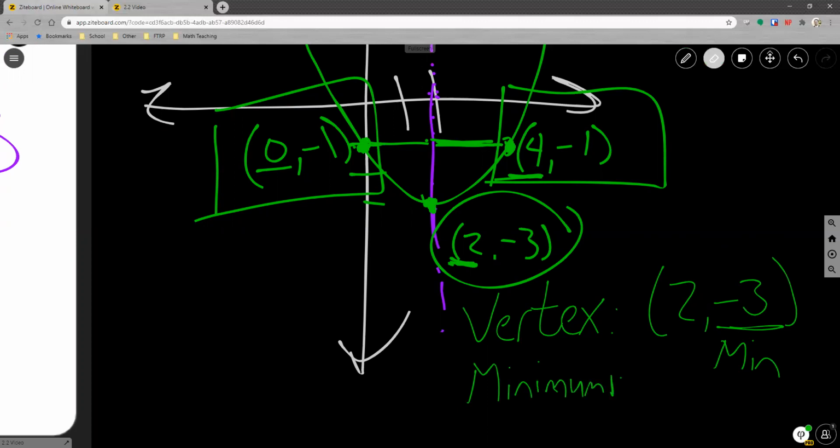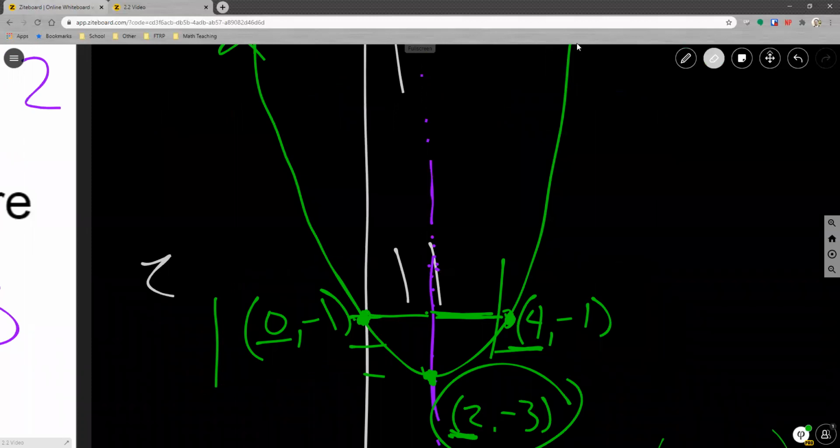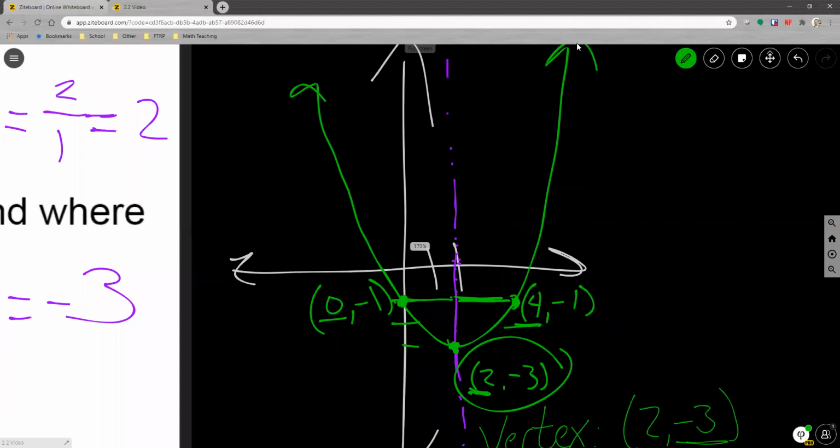Or in other words, the lowest value on my graph is -3. If you think about this green graph of this parabola, the lowest point is right at -3, my minimum.